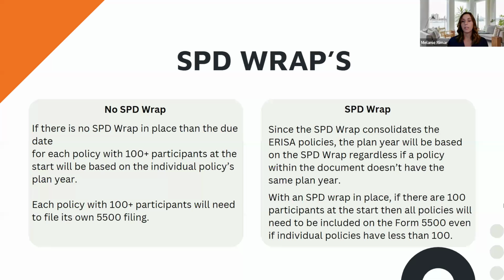And then also with the SPD wrap in place, if there are 100 participants at the start, then all policies will need to be included on that one Form 5500. And that's even if the individual policies have less than 100. So you're counting one participant for all the benefits. So let's say John enrolls in medical, dental, and vision. He is counted one time.